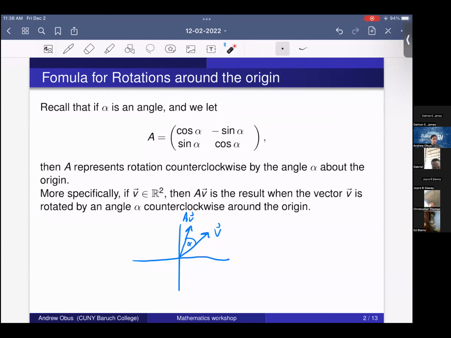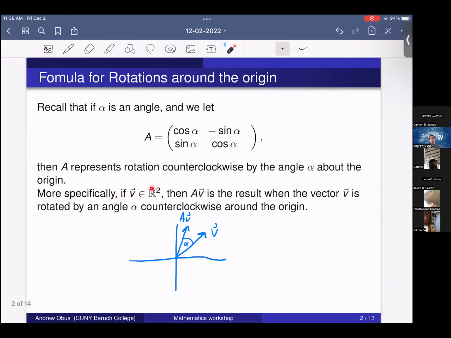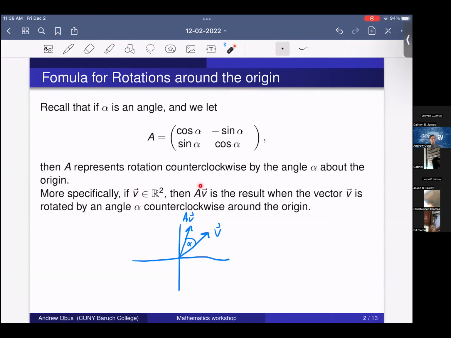What we showed last time was this formula. We used this special 2x2 matrix where the entries were cosine alpha, minus sine alpha, sine alpha, and cosine alpha. If you multiply a vector in R2, meaning a vector in the plane, by the matrix, it's the same thing as rotating the vector by an angle alpha counterclockwise around the origin.